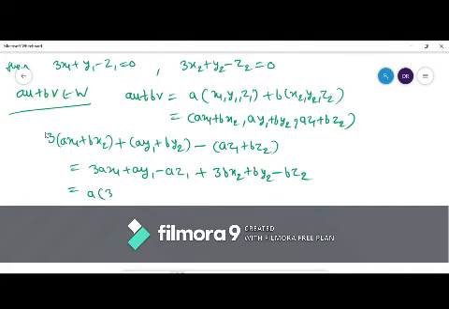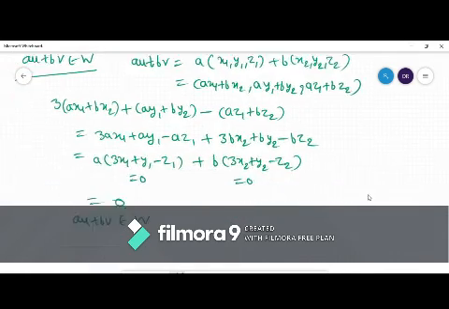Taking common a, (3x1 plus y1 minus z1), plus taking common b, (3x2 plus y2 minus z2). This is equal to 0, this is equal to 0. Therefore, this must be equal to 0. Hence, AU plus BV belongs to W. Therefore, W is a subspace.